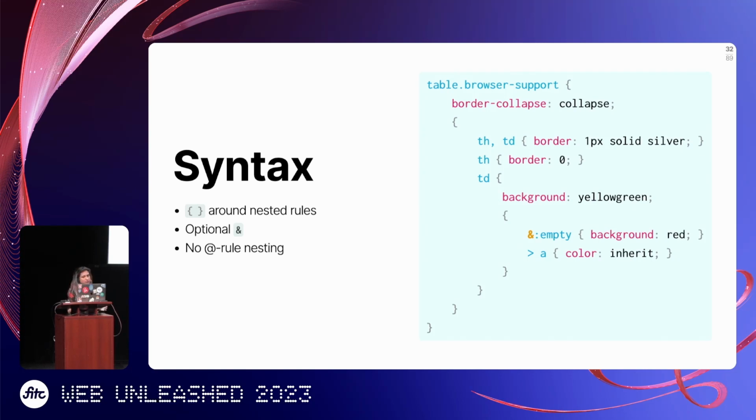But apart from that, the ampersand was optional. If you didn't have an ampersand or didn't start with a combinator or anything, it implied descendant. It did not cover nesting at rules. So that is another difference from the Holy Grail syntax, but that was just an oversight. The intent was always to allow it.